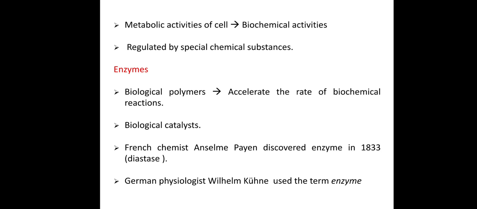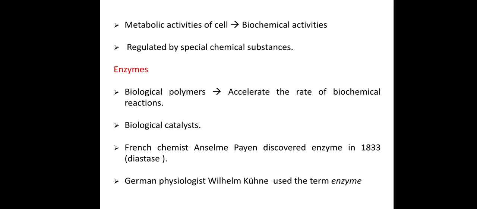Now, what is the rate of a chemical reaction? It is very simple. It is how many of the substrates are converted into products within a given time. Let's say that if 1000 substrates are converted into 1000 products in 1 minute, this is one case.